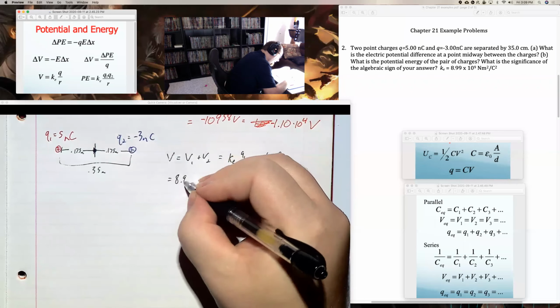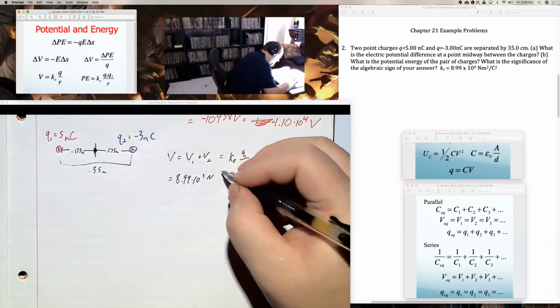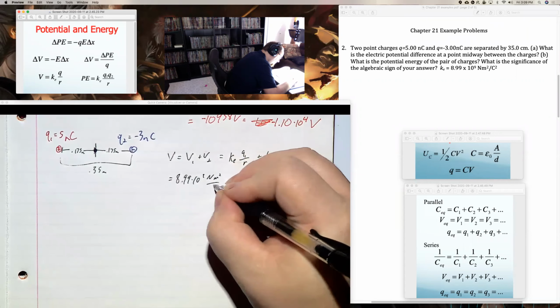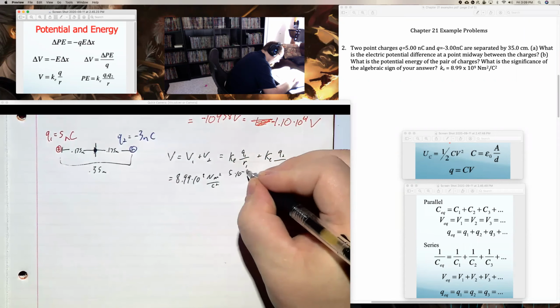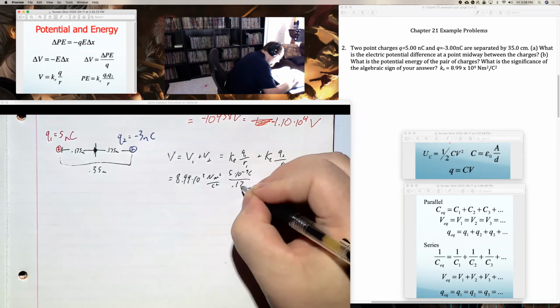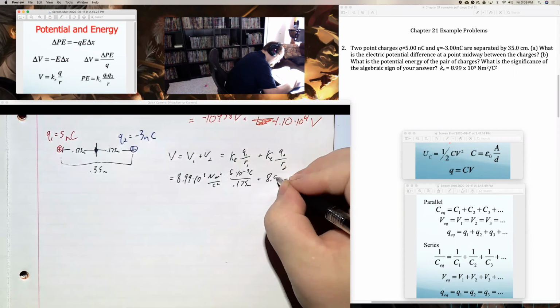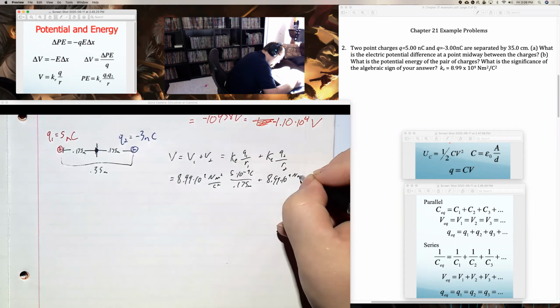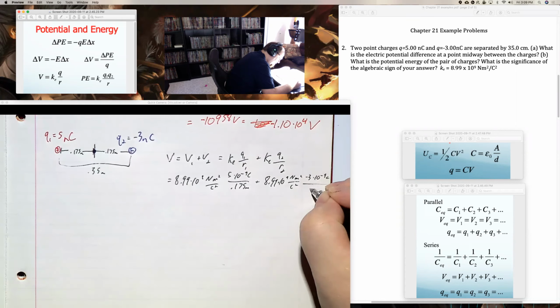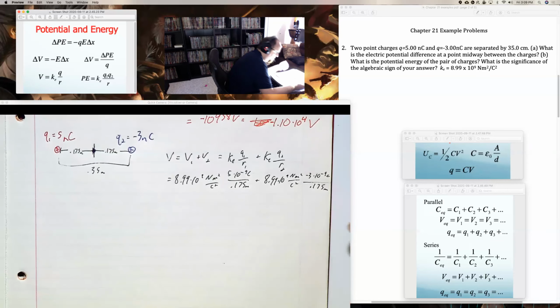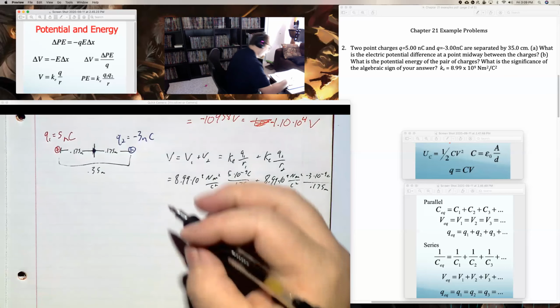That is 8.99 times 10 to the 9th newton meters squared per coulomb squared, times Q1, 5 times 10 to the negative 9 coulombs, over 0.175 meters, plus 8.99 times 10 to the 9th newton meters squared per coulomb squared, times negative 3 times 10 to the negative 9 over 0.175 meters. I don't know why I didn't factor it out this time. In the solution I did. And get a value.